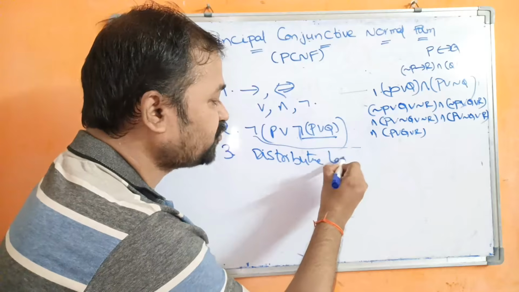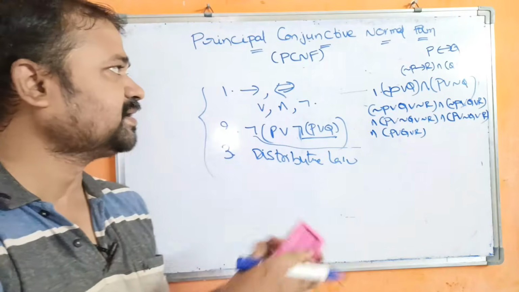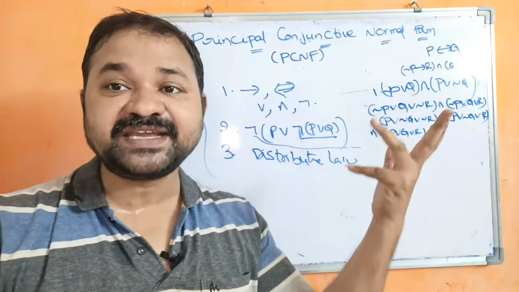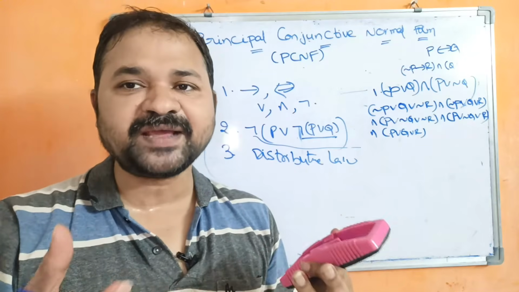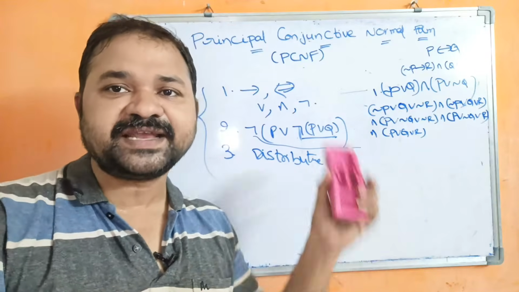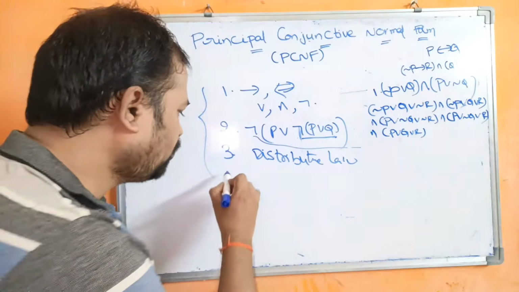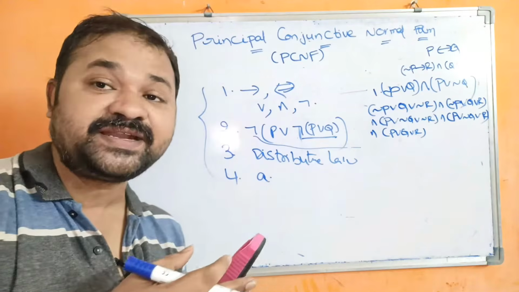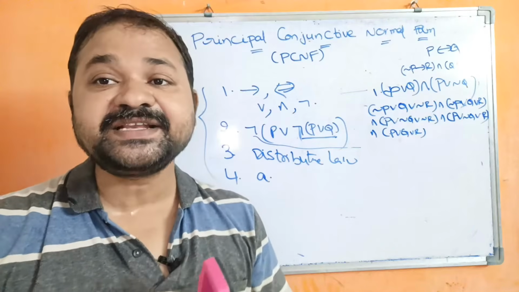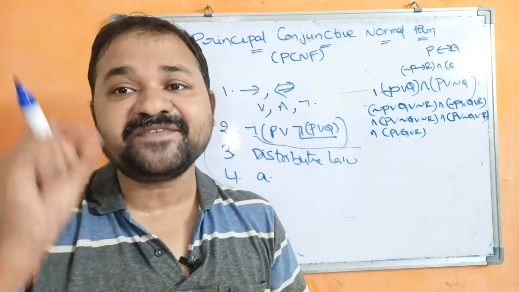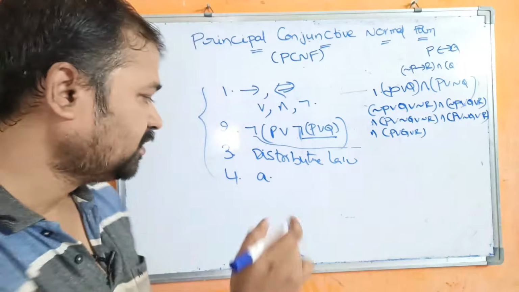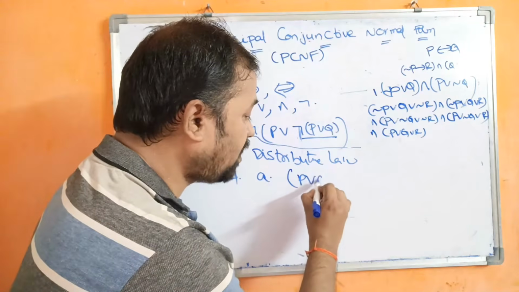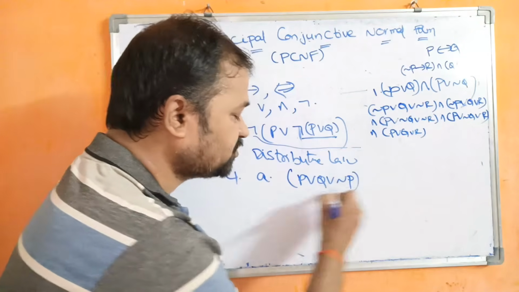Okay. So here the first three steps are for obtaining the CNF, conjunctive normal form. So first we have to obtain the CNF. For obtaining the CNF, we are following these three steps. Now the last step is if we have any elementary sum which contains a tautology, then we have to drop the term. Let we have a term like this, P or Q or R or negation P. So this is an elementary sum.